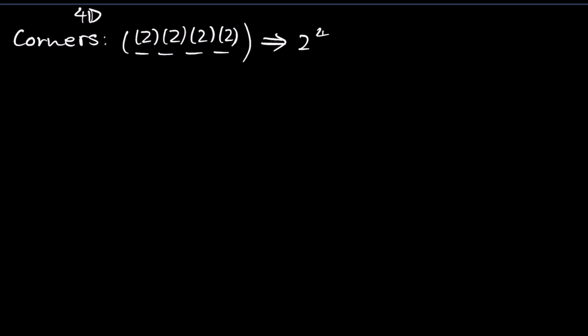Well, it's the number of permutations we can have with 4 components in 4D, where each component has 2 possibilities, which is 0 and 1. This implies that for a 4-dimensional hypercube, we have 2 to the 4, which is equal to 16 possible corners, because there are 16 ways to arrange the coordinates only containing zeros and ones.